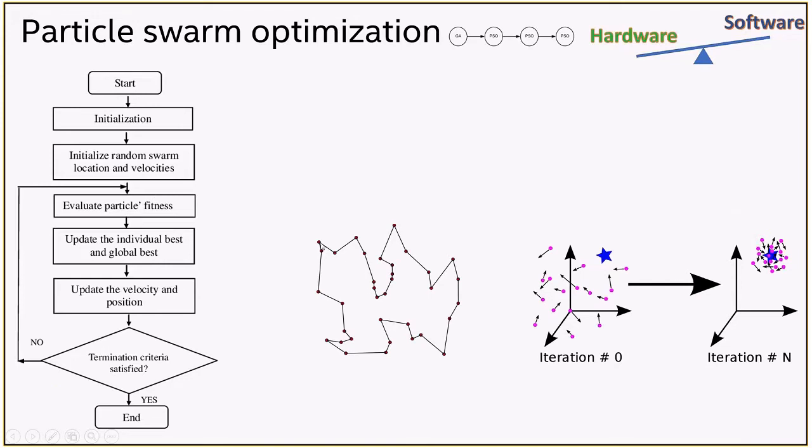Particle swarm optimization is like a traveling salesman algorithm where it has to cover all the cities with the shortest distance, so that it can achieve it in a short time. In the initialization, we select random positions and directions, nothing but the velocity, and then evaluate all the fitness functions.